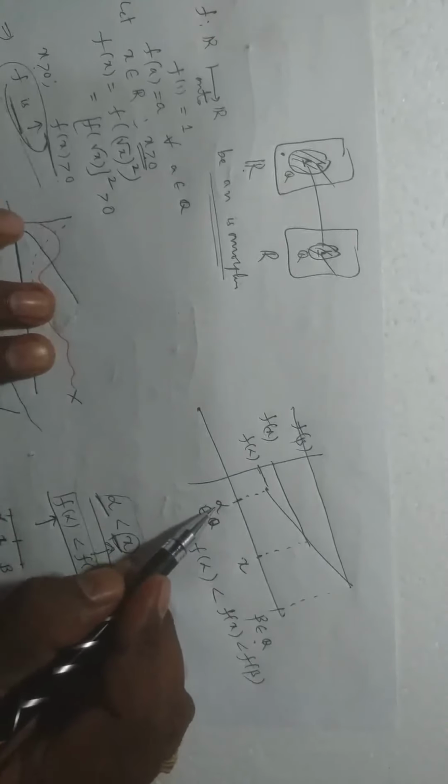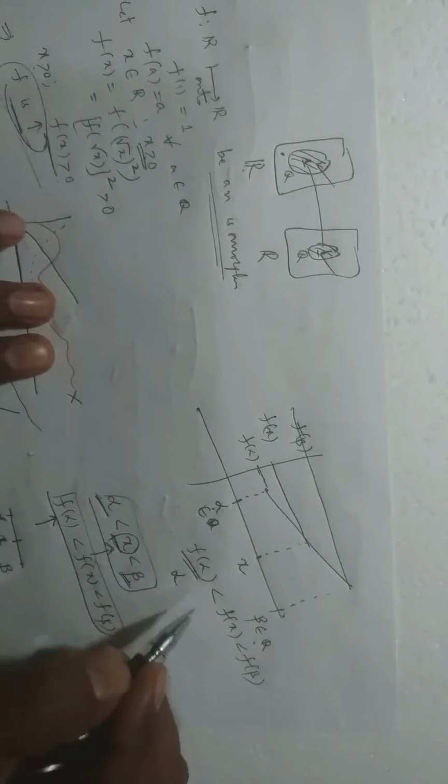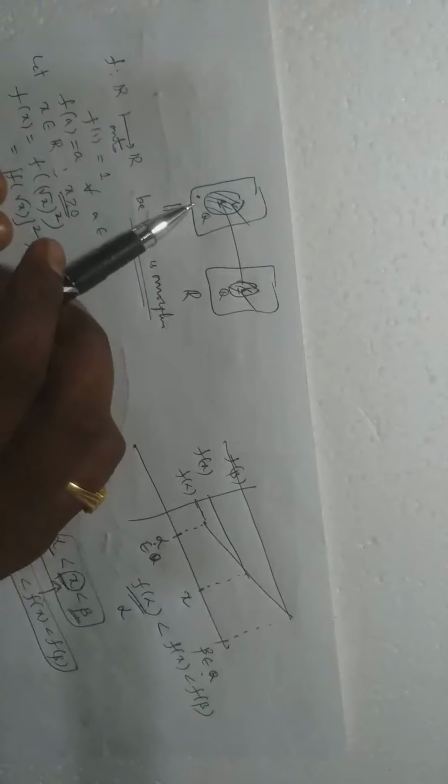Since alpha is rational, f of alpha is alpha only, because I have an identity map from Q to Q. See, f of a is a for all a in Q. So what is f of beta? Since beta is rational, this is beta. Now keep on moving likewise.